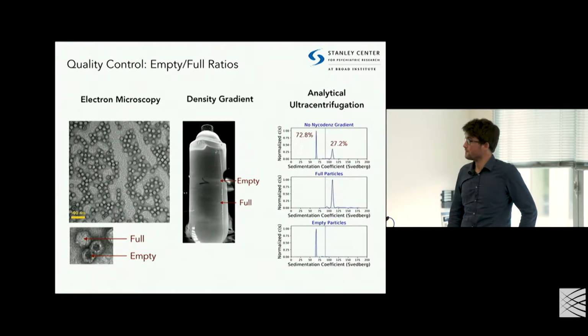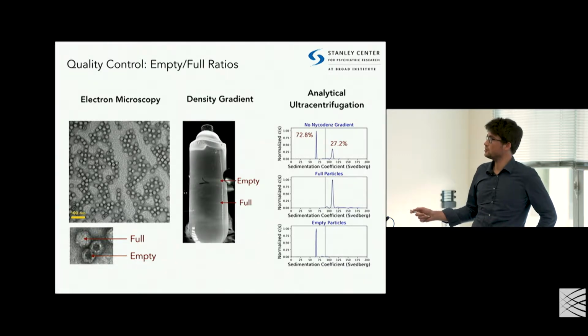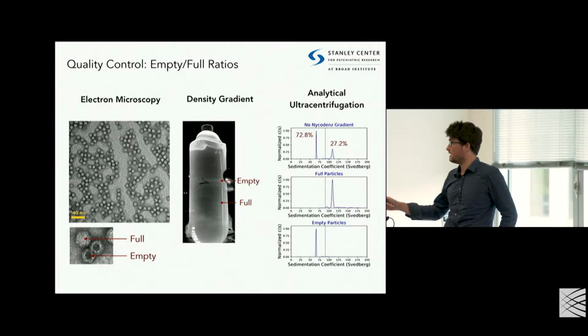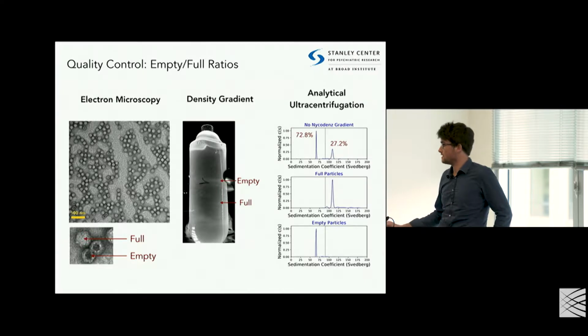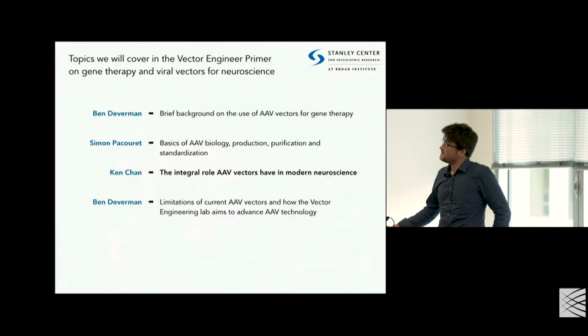So you can further derive sedimentation distributions for those. And indeed, you see that using one of the protocols we designed at the lab, we are capable of separating empty and full quite efficiently. And that's the kind of ratio you get in the absence of separation: about 27% full and 72% empty.